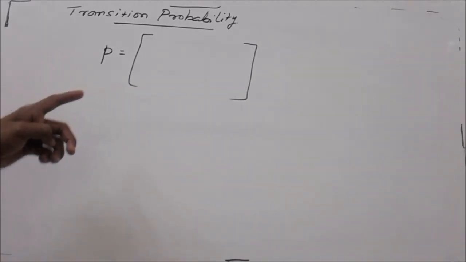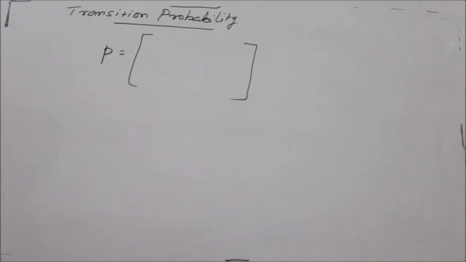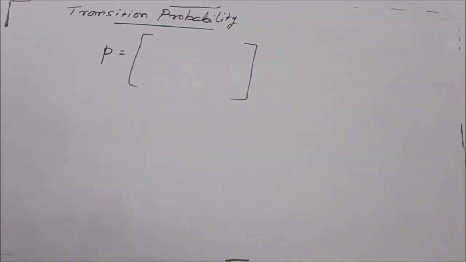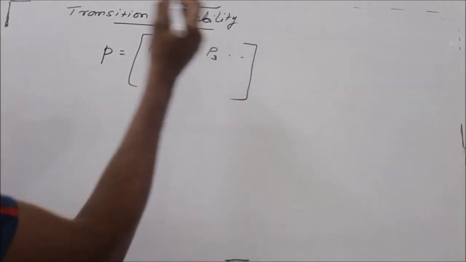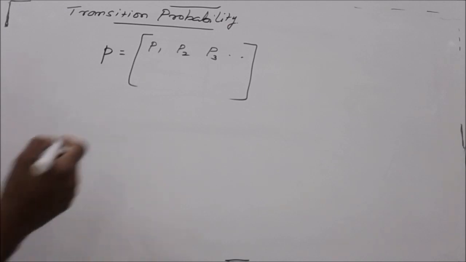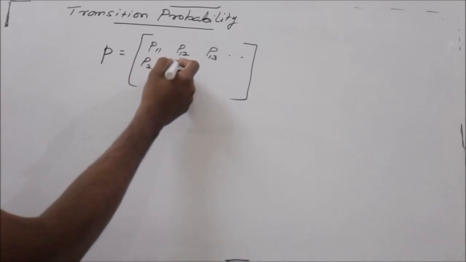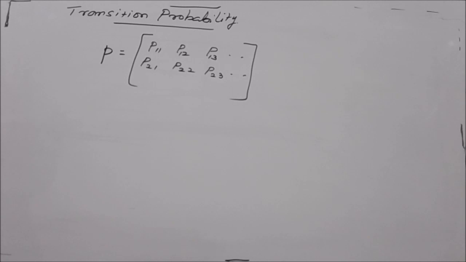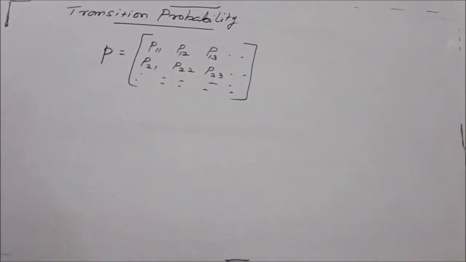Generally the probability matrix is denoted by P. It has a number of events, and those probabilities are denoted by P11, P12, P13, etc. in the first row, and P21, P22, P23, etc. in the second row, like the matrix entries A11, A12. We can have any number of rows and columns.